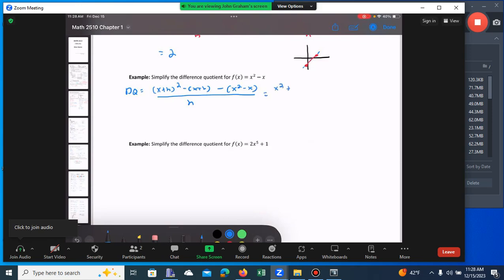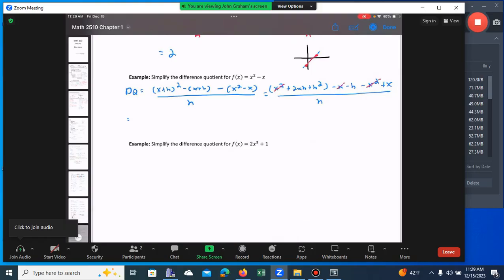x squared plus 2xh plus h squared minus x minus h minus x squared plus x. Now, this x squared will cancel with that x squared.